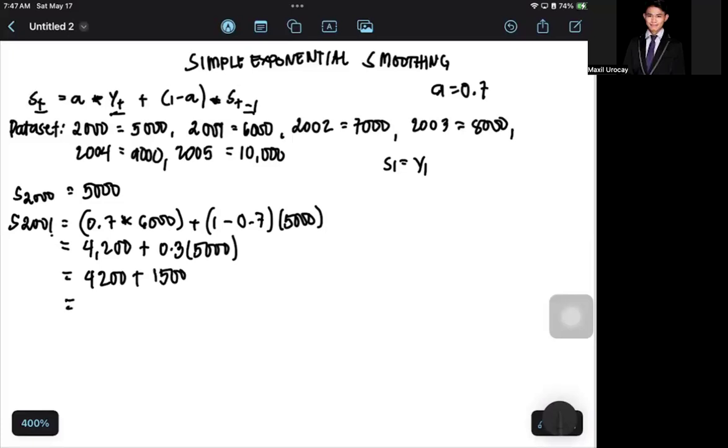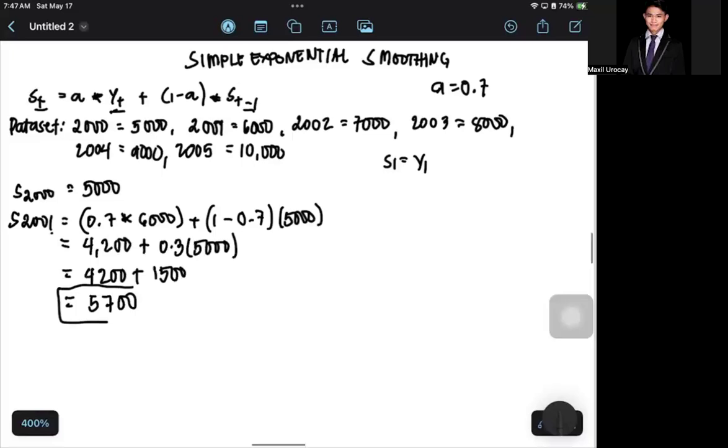Adding that gives 5,700. So the smooth data for S2001 is 5,700. Just to take note, our goal is to forecast, and in order to forecast, we need to smooth out the data first. So this is our smooth data for 2000 and 2001.